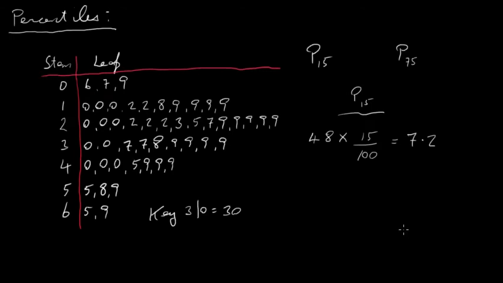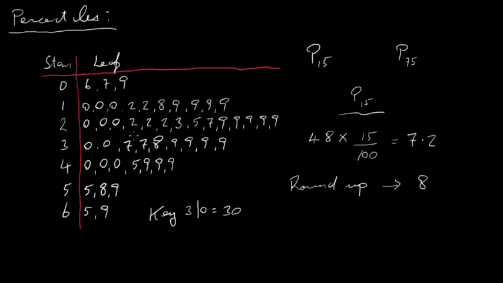Now, it's the same procedure that we use to calculate the median and quartiles. When we didn't get a whole number, we simply rounded it up. So I'm going to round this 7.2 up to 8.